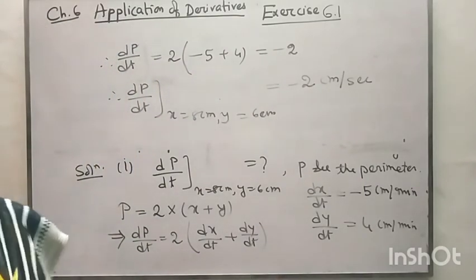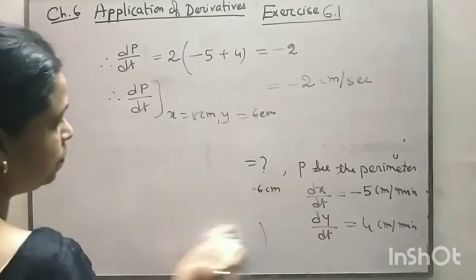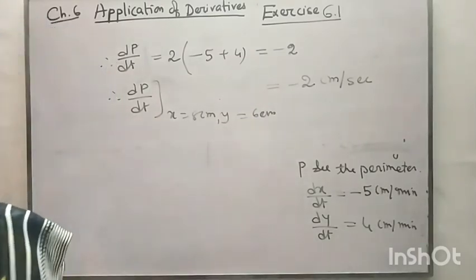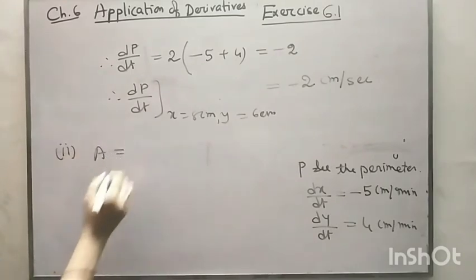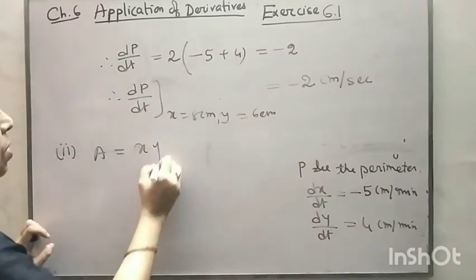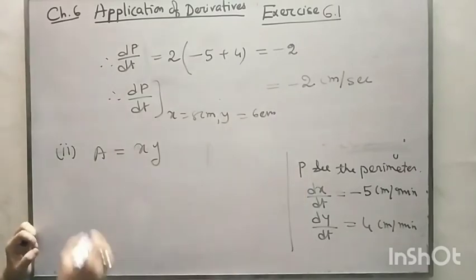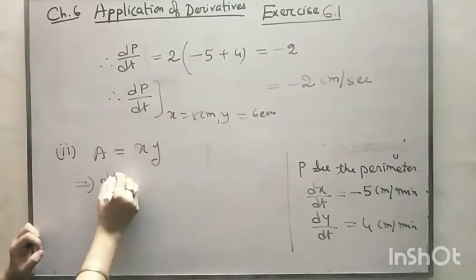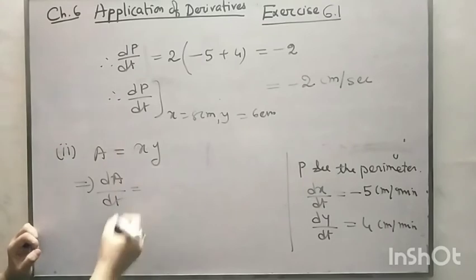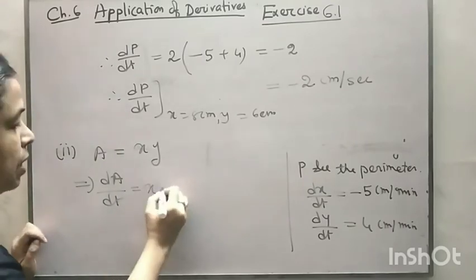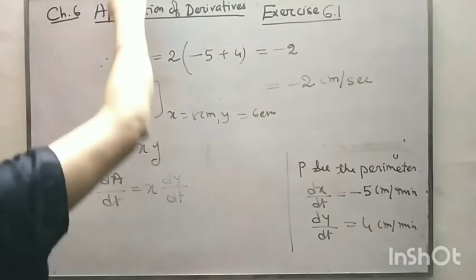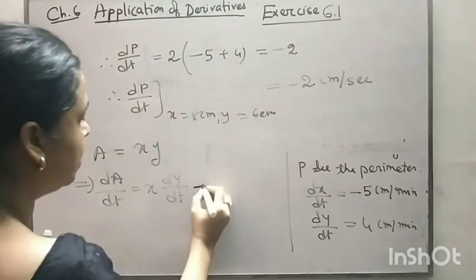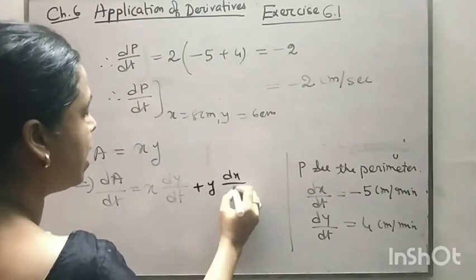And the next part of the question is what? I just write down these things. So area with A is x into y. You know the rate of change of area, that is dA/dt, is d/dt of xy. So you have to use the u into v rule: x dy/dt plus y dx/dt.